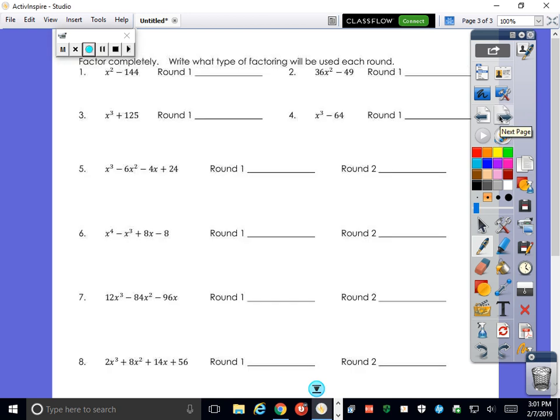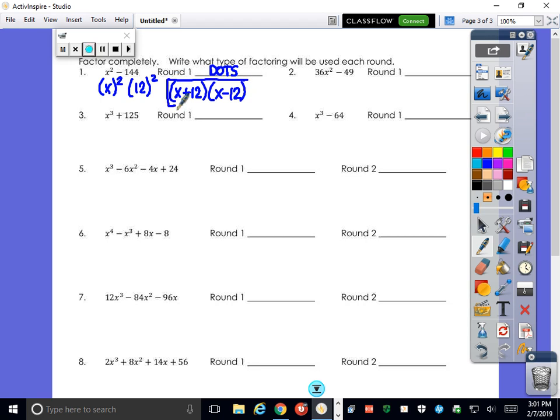I want you to write down what you used for round 1, the type of factoring that you used, and then factor it. In the first one, there was no greatest common factor, so we used difference of two squares to factor that. We took x squared and 12 squared, so our answer is x plus 12 times x minus 12.